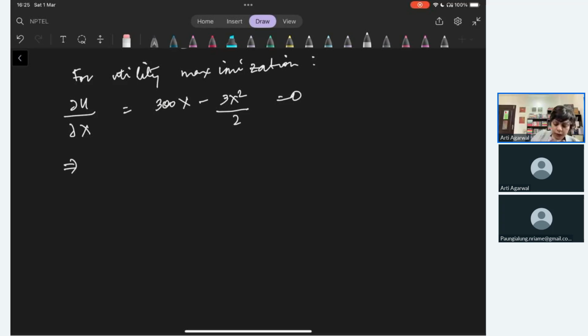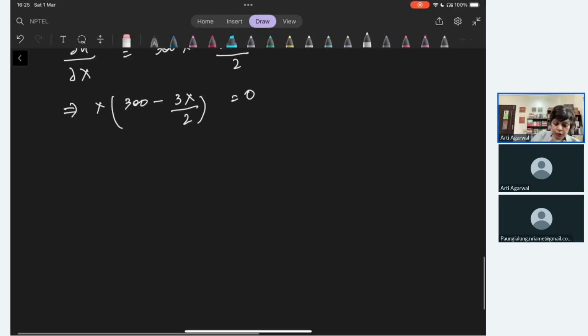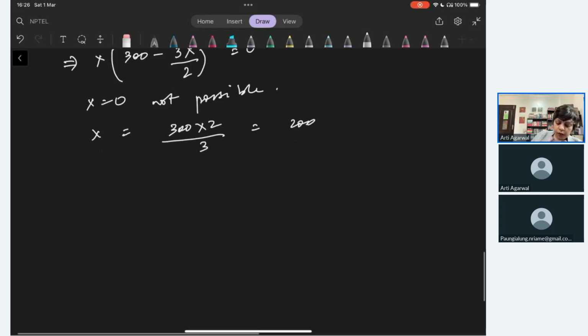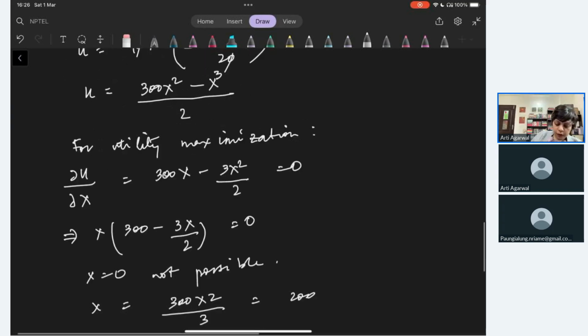Now we can just simplify it whichever way we want. So one solution is x is equal to 0, which is not possible. Why is it not possible? Because that gives you utility equal to 0. So that is not possible. Next, the other option is x is equal to 300 into 2 by 3, which is x is equal to 200. So we get x equal to 200, and using this, we substitute the value of x into the expression for z.